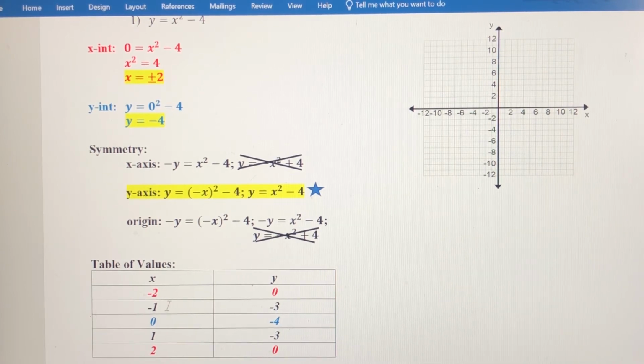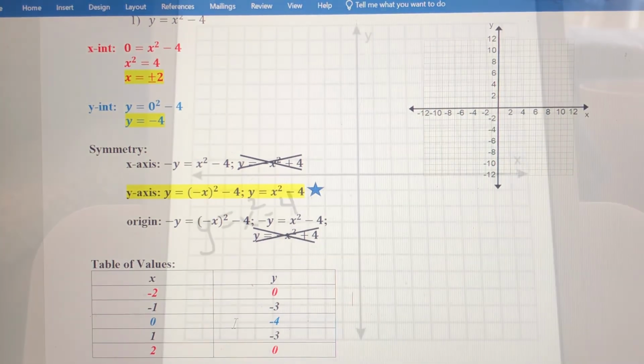If I know the y-coordinate for a specific x-coordinate, then I know the exact same y-coordinate for the opposite of that x-coordinate. Notice how positive and negative 2 have the same y values. That's because of the y-axis symmetry this equation has. So let's use this table of values, make the graph, and finish this one up.